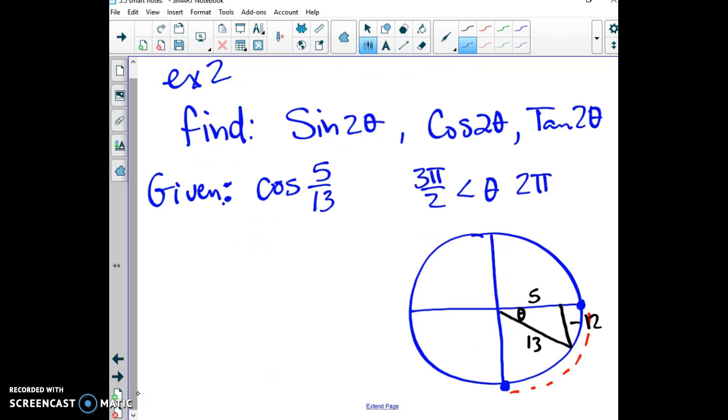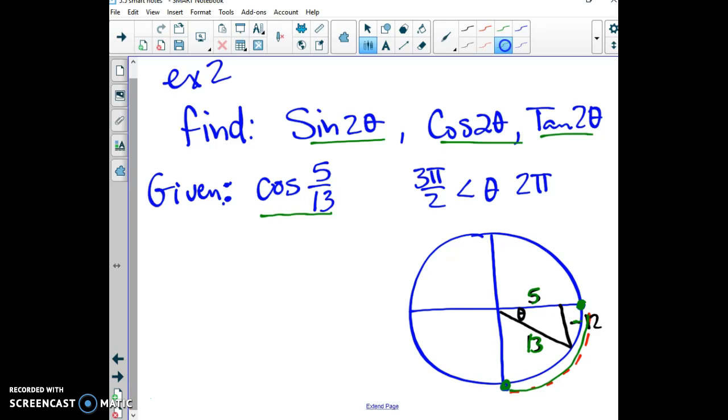So example 2 gives us the following information. We're supposed to find sine of 2 theta, cosine of 2 theta, and tangent of 2 theta, the double angle formulas, and we're given this. Cosine is 5/13, and we're in between 3 pi halves right down here and 2 pi. So we're in the fourth quadrant. That's where we're trying to find our values. We're given this cosine adjacent 5 over hypotenuse 13.